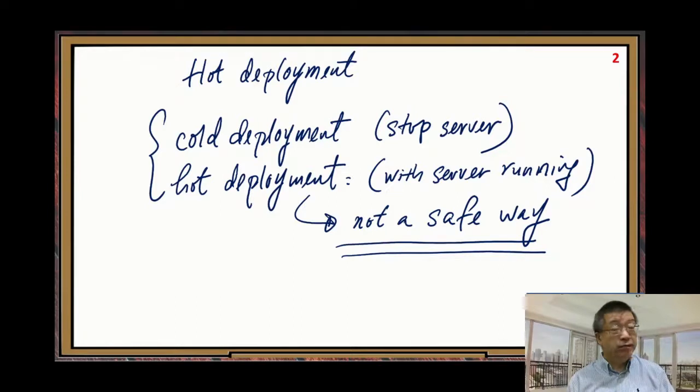If you want to enable it, you can change the setting inside your Tomcat configuration file. You can enable it, but by default, it is disabled. So you are not encouraged to use the hot deployment way. It's not safe in general. All right, so let me stop here. So that is the basic knowledge about the deployment problem of Java web applications.